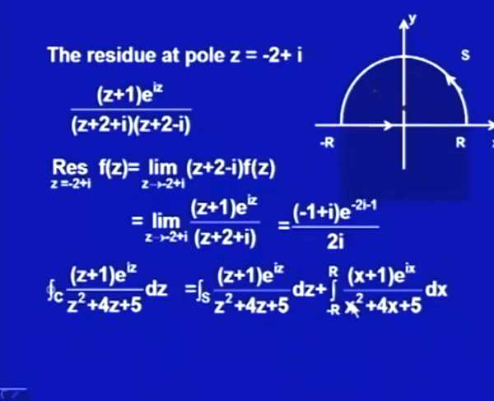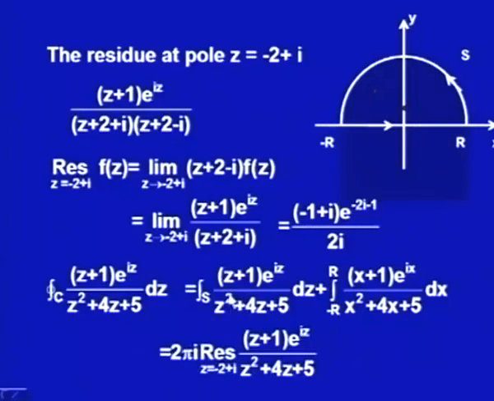Now, this is equal to 2πi times the residue of this function at z = −2 + i, which we just calculated. If I multiply it with 2πi, the 2i and 2i would cancel out, and I would get −π times (1 + i) e^(−2i − 1).